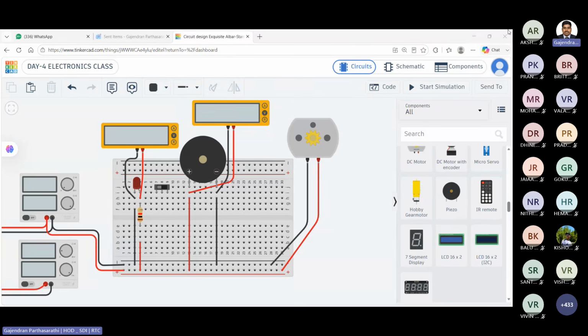Very good. Yes. And I want output from the newcomers. Already a few people said they joined today. Newcomers, if you produce the output, please type in the chat, this is my first output.